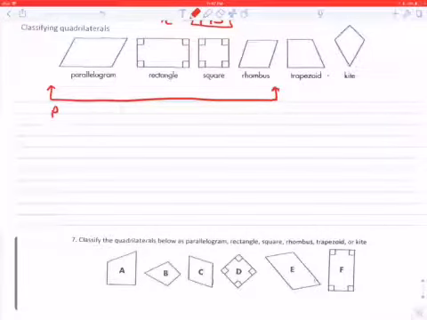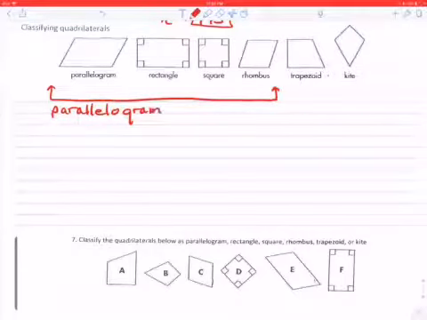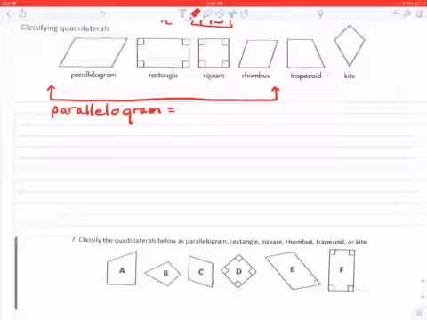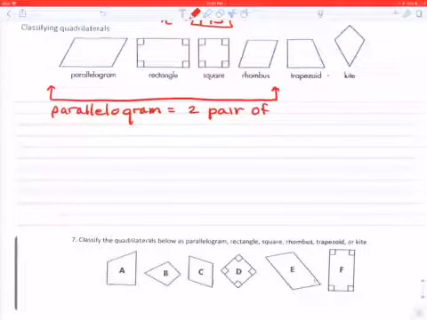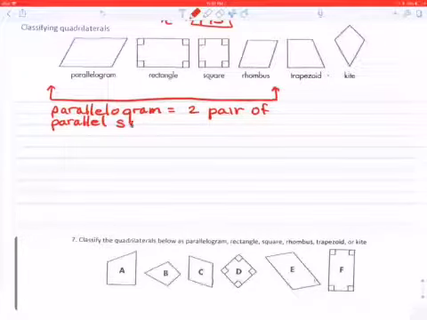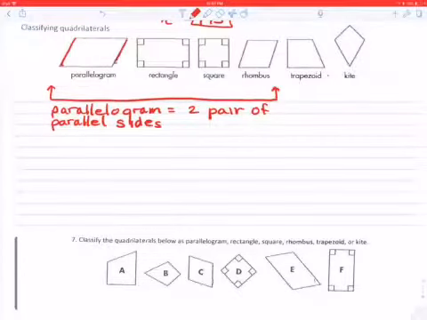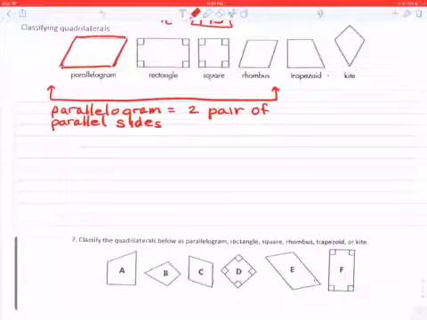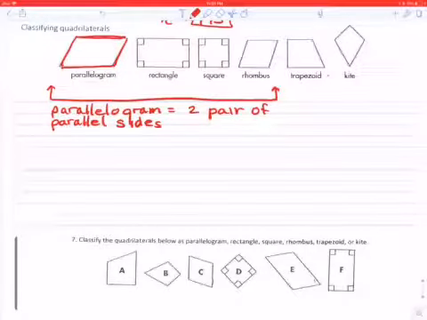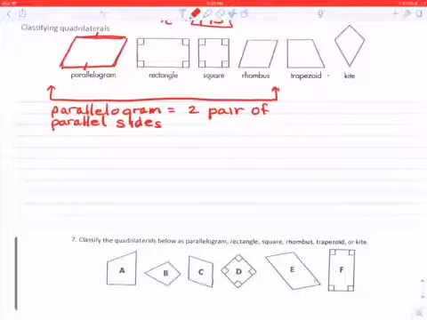A parallelogram is a polygon with 2 pair of parallel sides. So there's one pair, and here's the other pair. Now the opposite sides in a parallelogram are going to be equal.